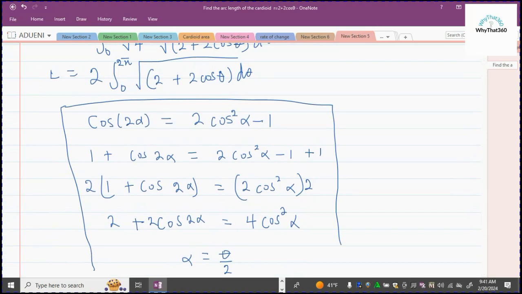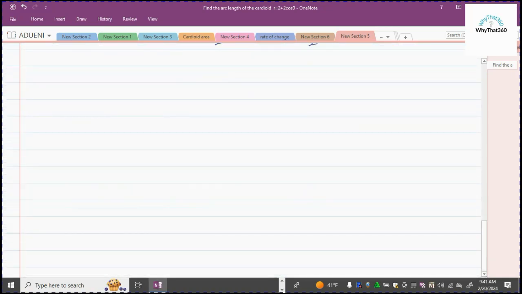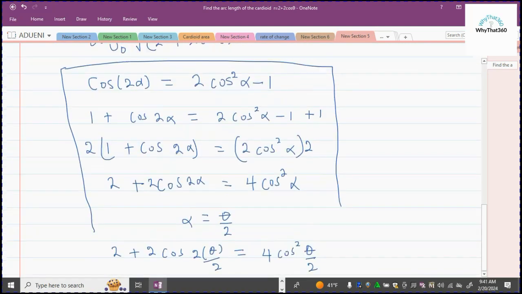We are going in here to substitute that whole thing that we got. We are going to do that substitution. I'm going to copy it first before we do the substitution.